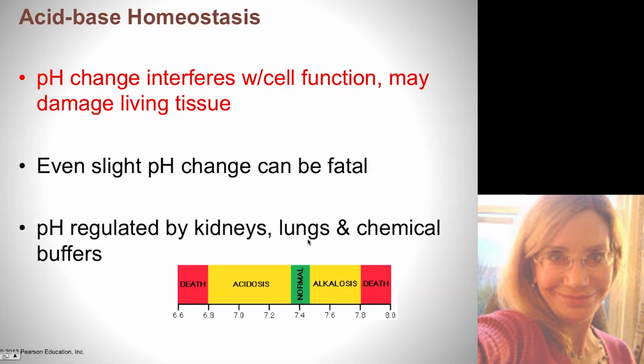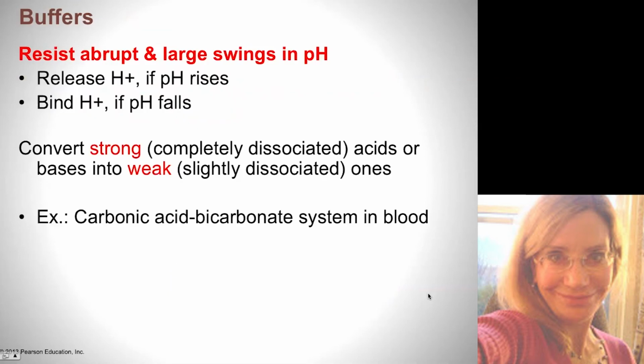And again, our kidneys, our lungs, and chemical buffers will help maintain blood pH to a certain limit. Buffers resist abrupt and large swings in pH. You may remember buffers if you've taken chemistry. Just keep in mind that a buffer can release hydrogen ion if the pH rises. Remember, if the pH rises, it's becoming more alkaline.